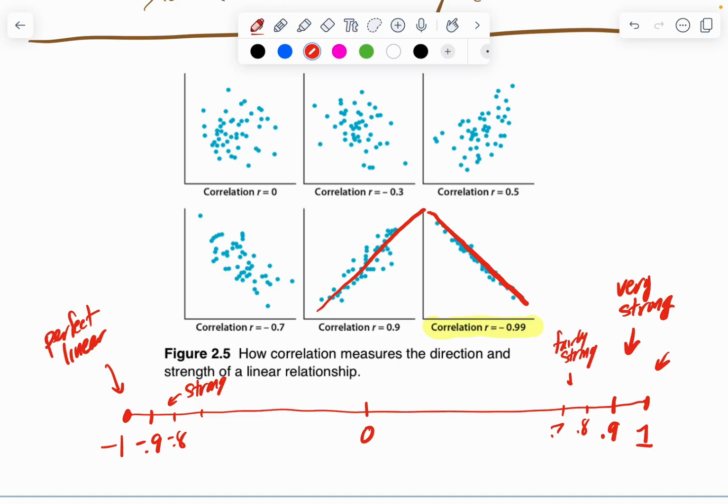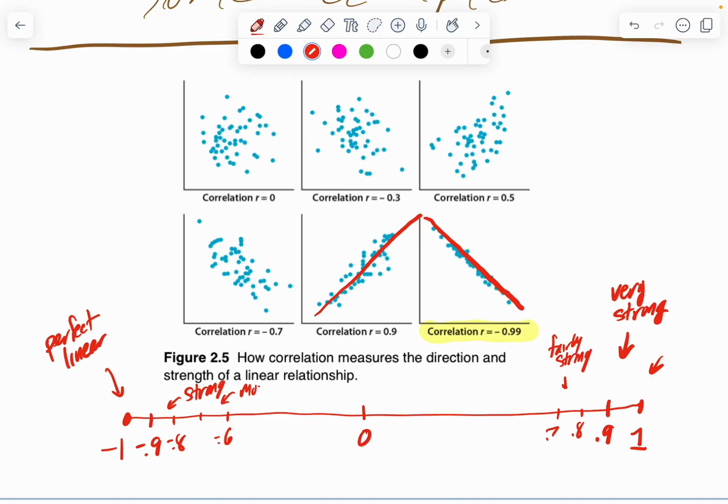When you get down to a correlation in the 0.6s or so, we're starting to tend a little bit towards weakness, so that might be referred to as moderately strong. Then at correlations of 0.5, 0.4, 0.3, 0.2, 0.1, we're getting weaker and weaker and weaker.